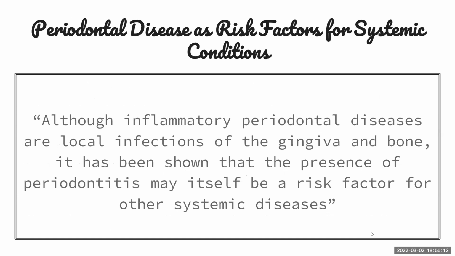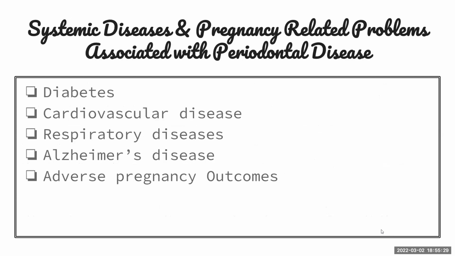Okay, so although inflammatory periodontal diseases are local infections of the gingiva and bone, it's been shown that the presence of periodontitis may itself be a risk for other systemic diseases. They are finding bacteria that originates in the mouth and is supposed to only be found in the mouth.